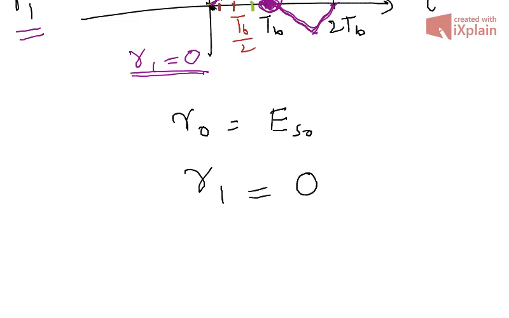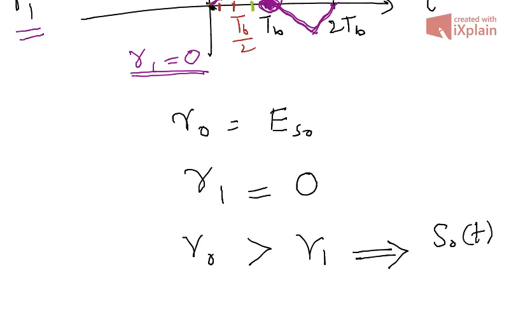So of course, in the absence of noise, your R0 is greater than R1, and the detector can easily declare that your transmitted signal is S0 of t, and the detector would output a binary 1.